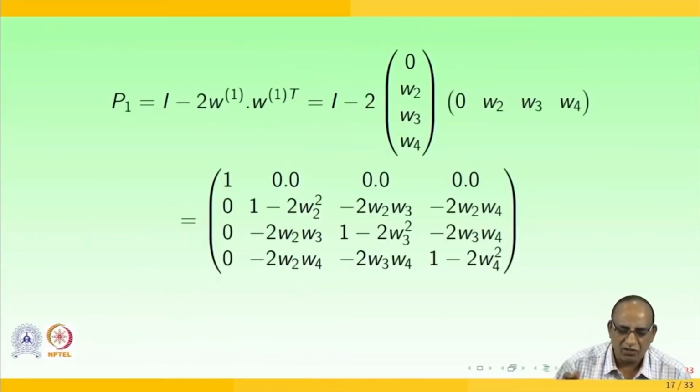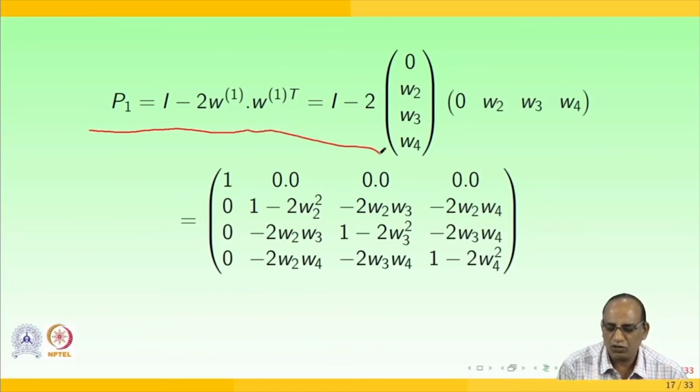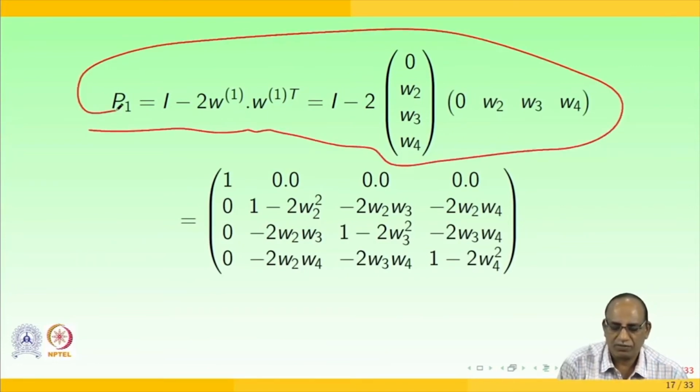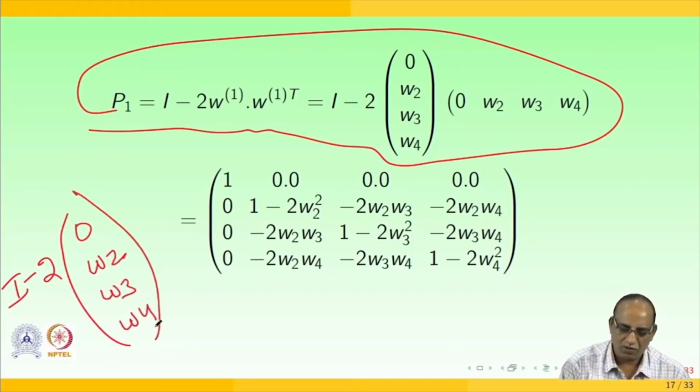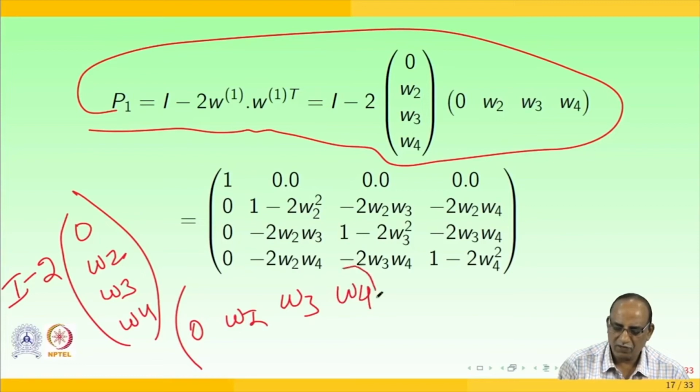And P1 is equal to I minus 2 W1 W1 transpose, so you get a matrix of this form. That is I minus 2 times 0, W2, W3, W4 multiplied with 0, W2, W3, W4.